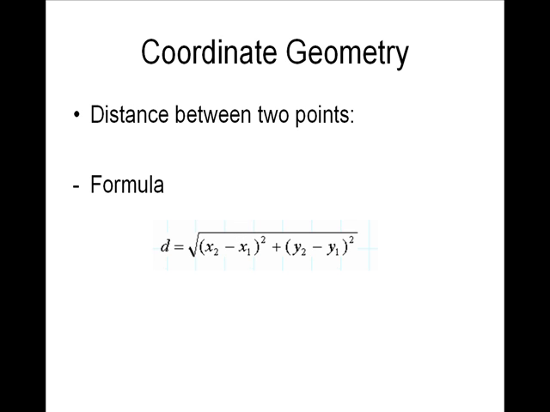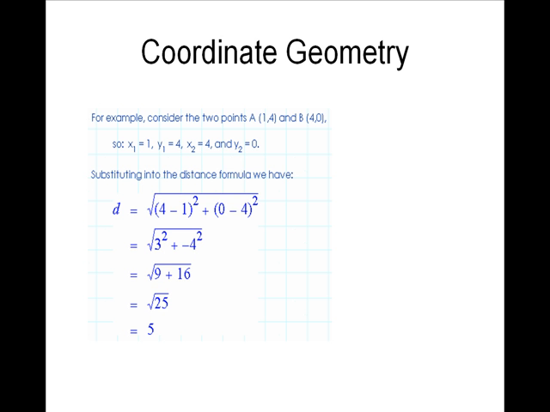Now another thing you should know is how to calculate the distance between 2 points. Here's the formula. Basically, you take the 2 points that you're given, and you just plug in the x coordinates and y coordinates, and get your answer. Let's look at an example. So here I have 2 points, and I'm doing the same thing that I did a little while ago.